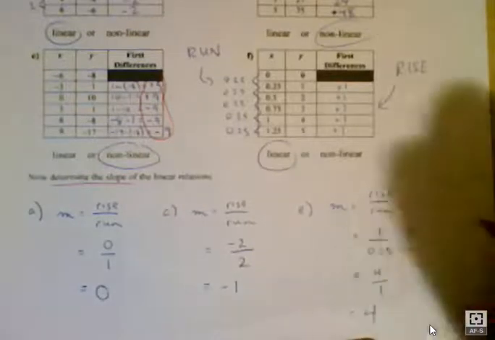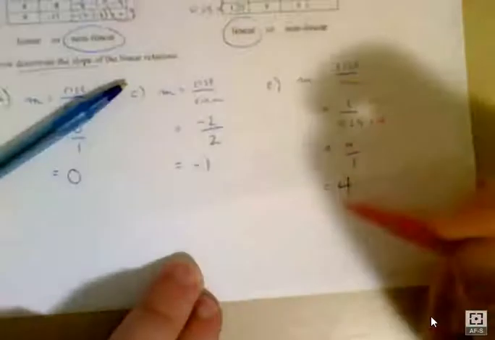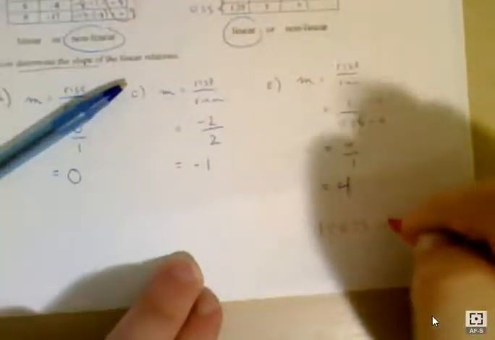Alternatively, if you just take 1 divided by 0.25, you can do that on your calculator and verify it gives you 4 as well. So the slope of that line represented by that table of values would be 4.